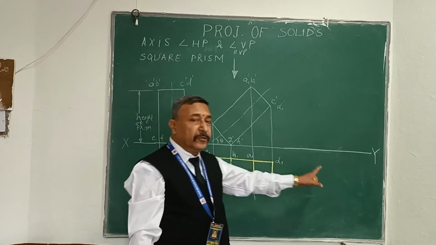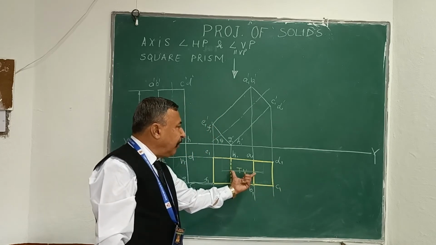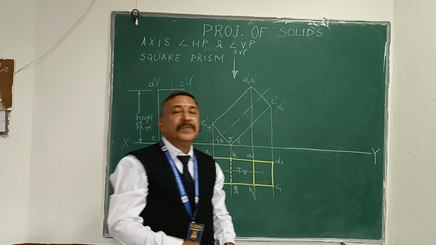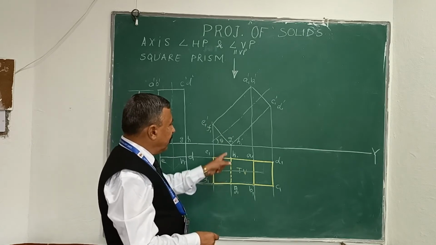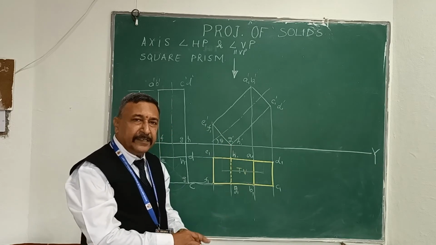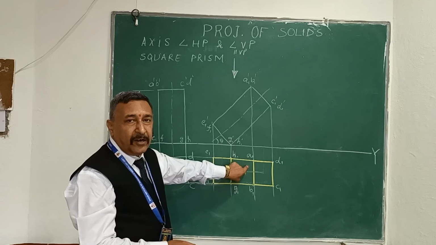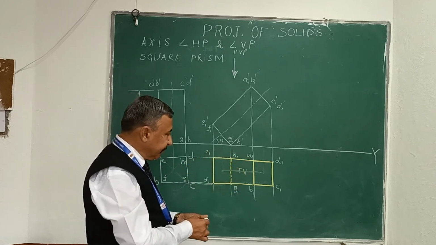So it can also be given that the top view of the axis is inclined from VP. So whatever the condition is given, we have to rotate or incline this top view.